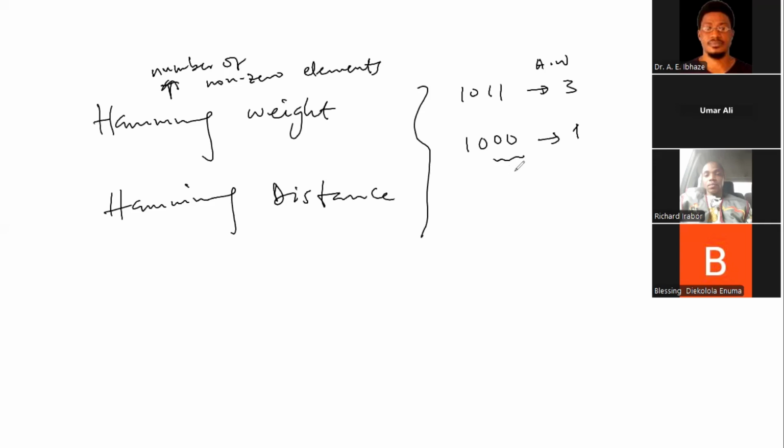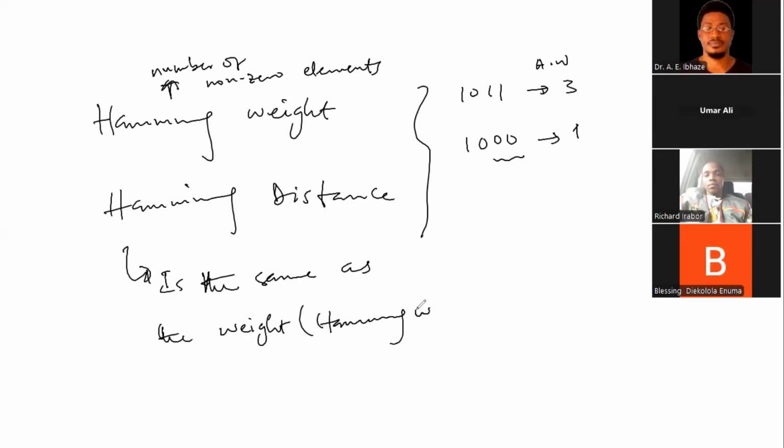But now you want to put up a program to do this using your hardware description language, for instance, either Verilog or VHDL. So what are we going to tell it to do? We are saying that the Hamming distance between two code words is the same as the weight, or better still, the Hamming weight of their modulo 2 addition.